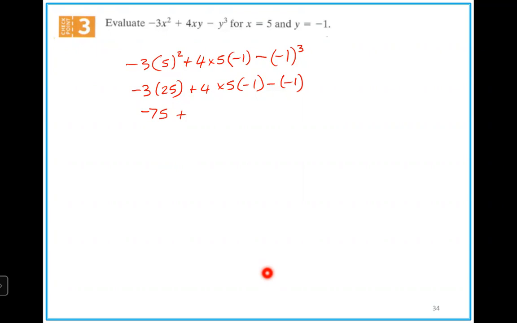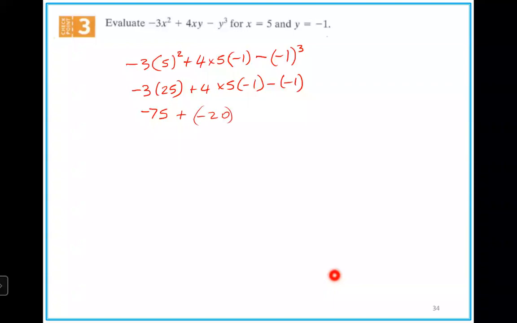And then now we work out 4 times 5. 4 times 5 is 20. 20 times -1 is -20. Okay.